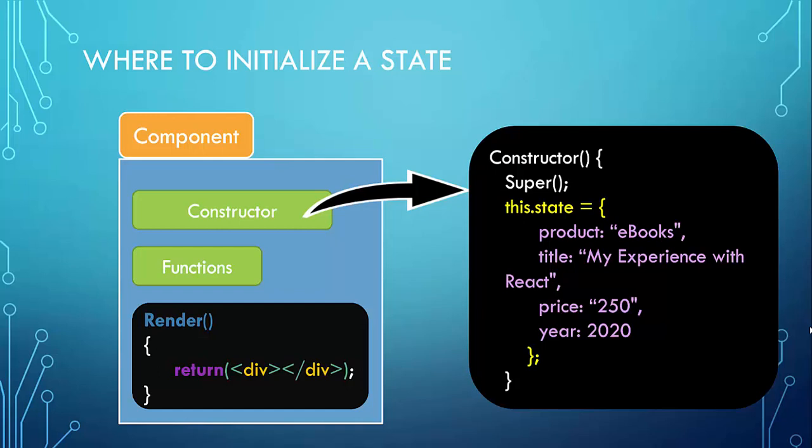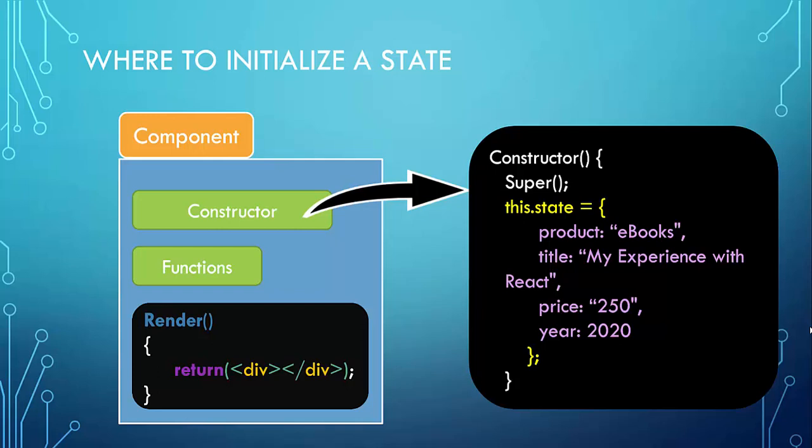Inside this.state equal to, inside the curly brackets, you have 4 different properties. So React state can have any number of properties, and all these properties belong to the particular component in which this React built-in object is defined.